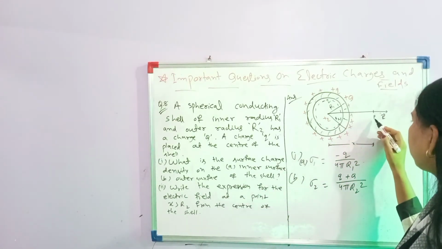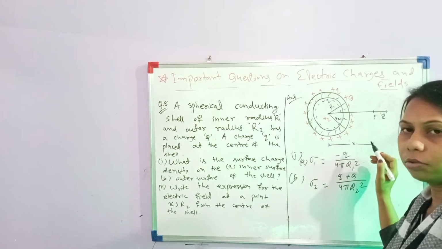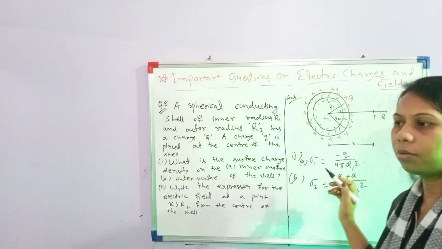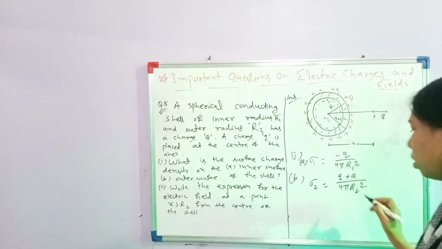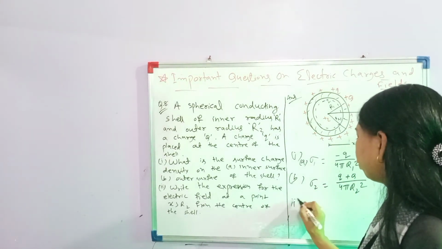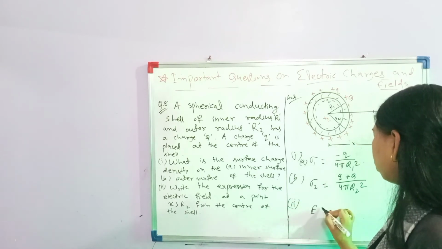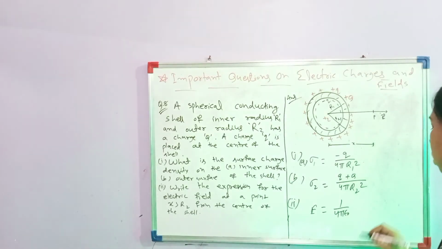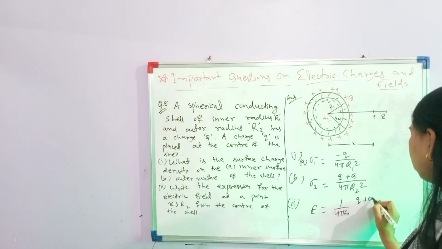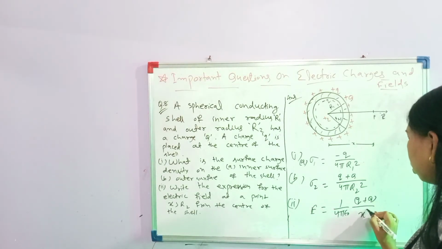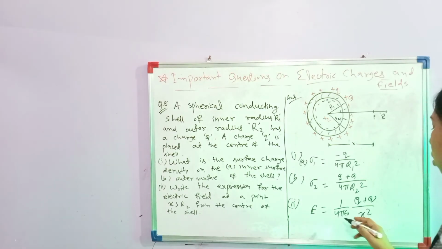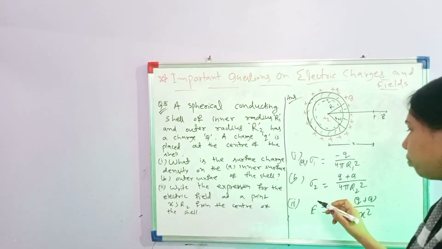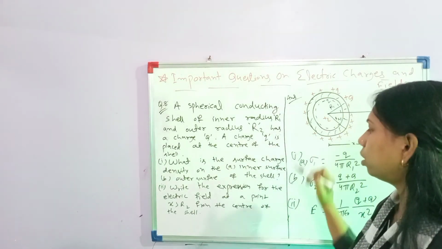Suppose P is the point at which we have to calculate the electric field intensity, which is at a distance x from the center of the shell. So E equals 1 upon 4 pi epsilon naught, total charge q plus Q upon x square. This is the magnitude of the electric field at point P due to the total charge distribution.